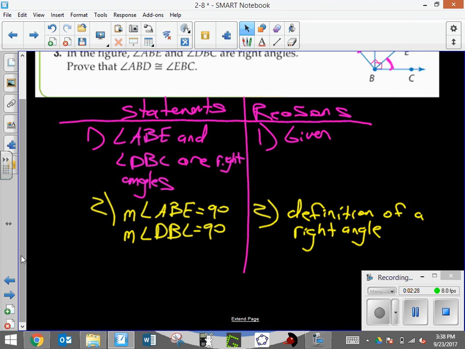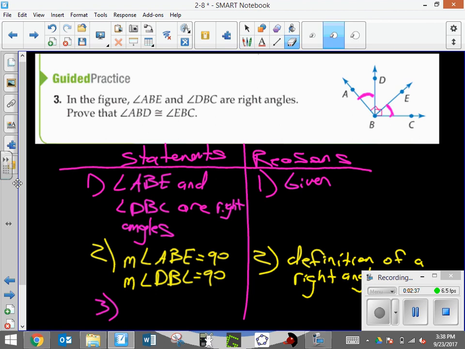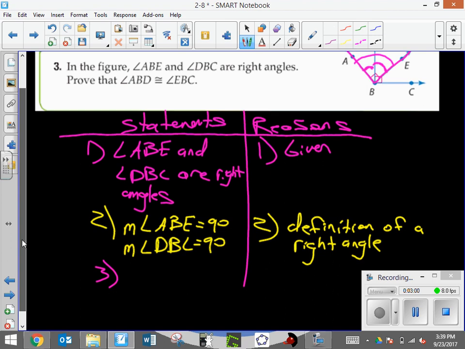Next, I want to use that angle addition postulate, like what we just had on the previous slide. So I want to come back up here, and let's focus on our first angle, angle ABE. Here's A, here's B, and there's E. There's that angle. I want to use the angle addition postulate. In other words, this angle plus this one is going to equal the entire angle. That's what we're going to state in this next portion.